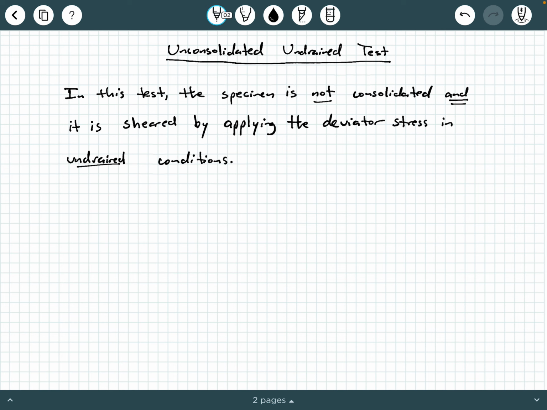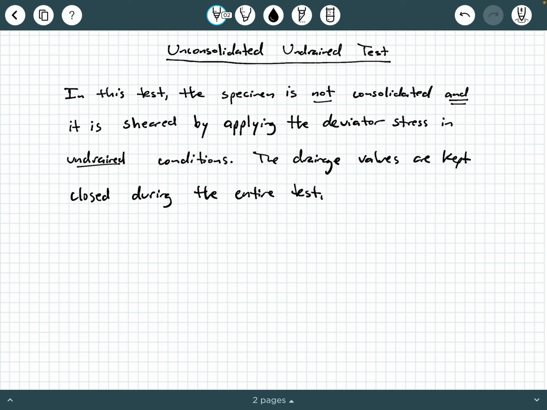So what that really means is the drainage valves are kept closed during the entire test. Okay, so in this test, you have a specimen.